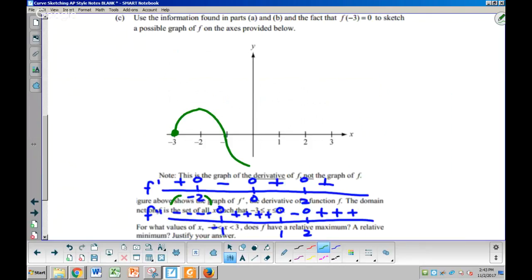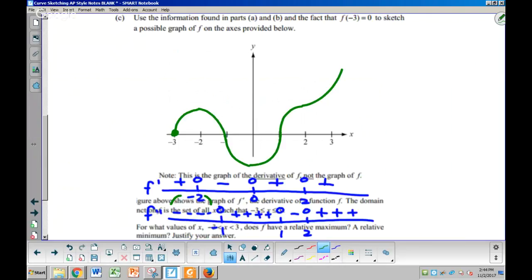And then after 0, I'm increasing and concave up, so it's going to be the other piece until 1. Here we go. And then after 1, I'm increasing and concave down to 2. And then after that, I'm increasing. So what's that look like?